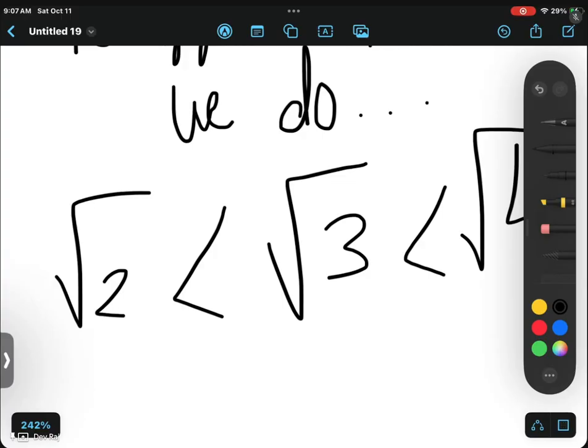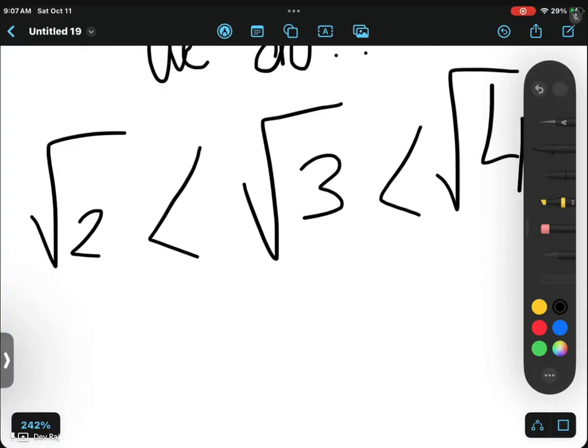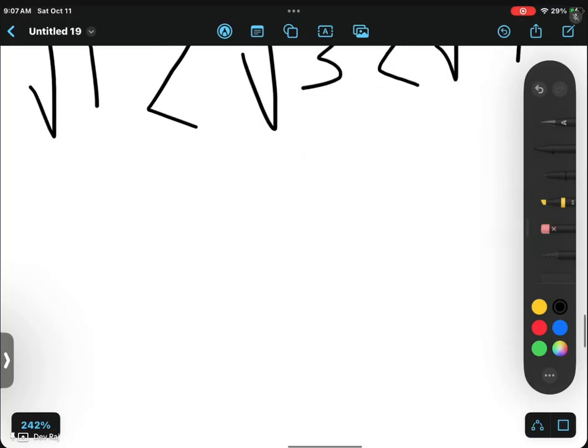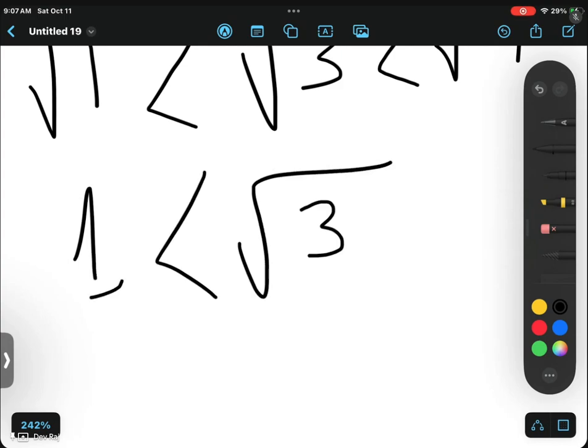What value does the square root of 1 give us? It gives us 1, and the square root of 4 is just 2, right?